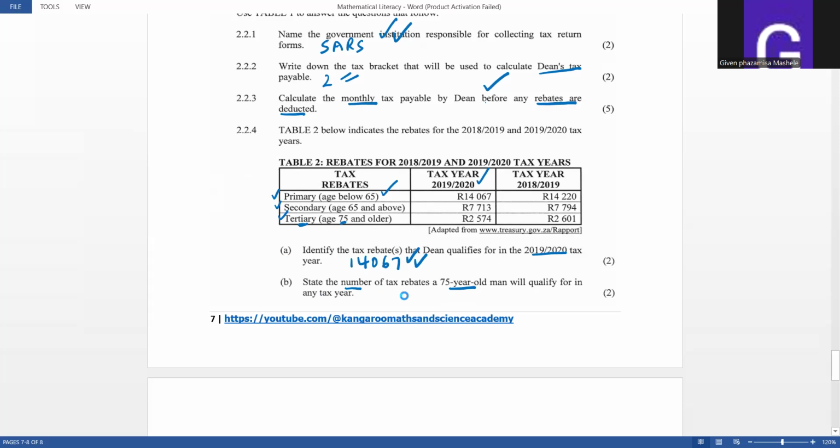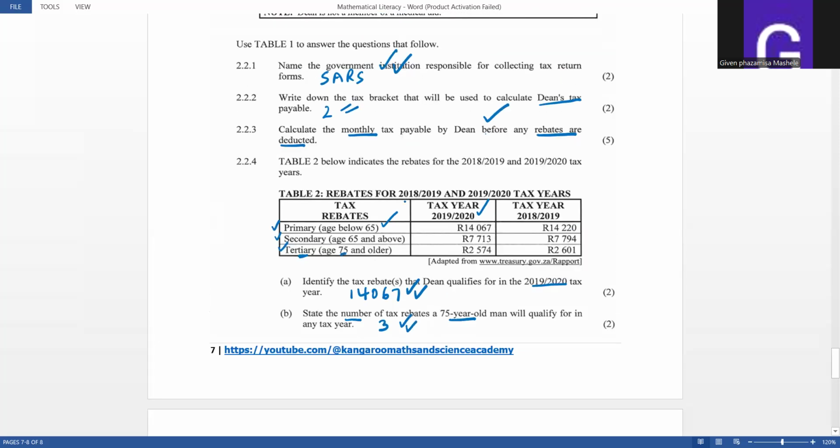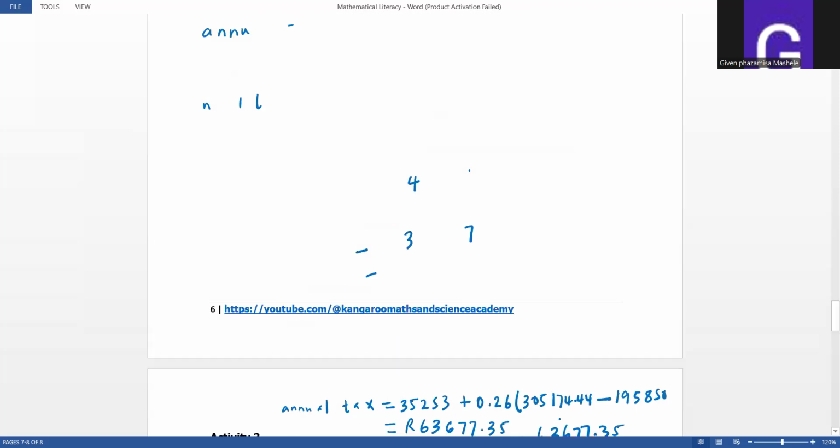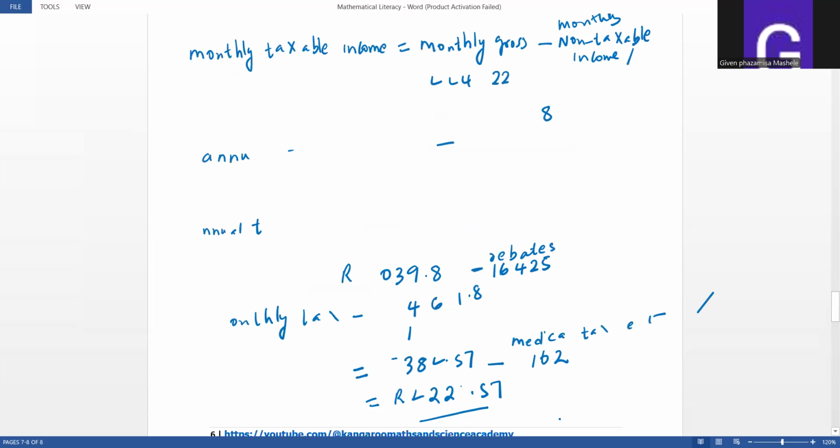Unless they say determine the amount, in which case we would add 14,067 plus 7,002. Here they said state the number, so it's only 3 rebates: primary, secondary, and tertiary. I believe you're following.